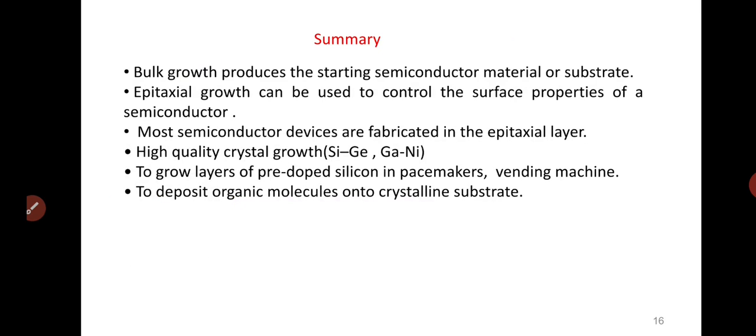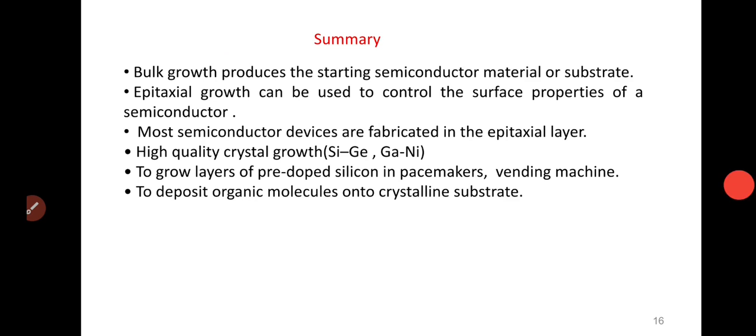Now let us summarize today's lecture. Using the Czochralski method, bulk growth production is possible, and that will be a starting semiconductor material. Epitaxial growth can be used to control the surface properties of a semiconductor.